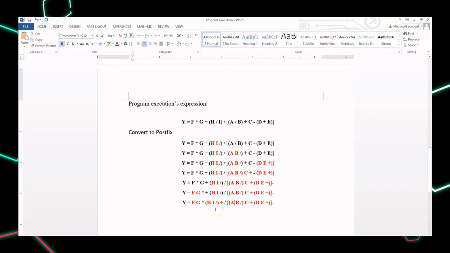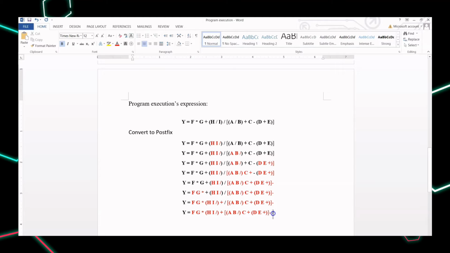And now we just have the last one left, the division. So the last thing is the front FG multiply HI divide plus the behind bracket. So what we need to do is move the divide to behind, yeah.